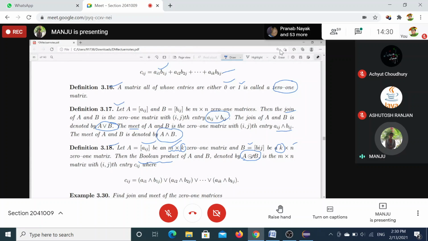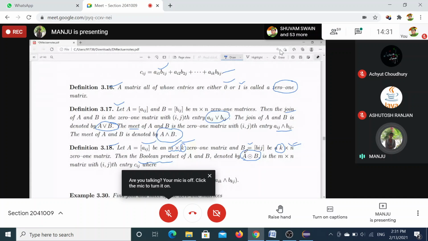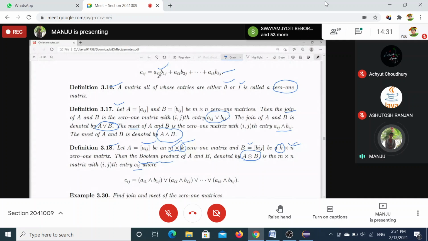In the normal product case, A dot B, this product rule, the necessary condition for the product, is the same, right? That is, the number of columns of A should be equal to the number of rows of B. Then Cij, the ijth entry, is given by Ai1 multiplied with B1j plus Ai2 multiplied with B2j plus, and so on, AiK multiplied with BKj.